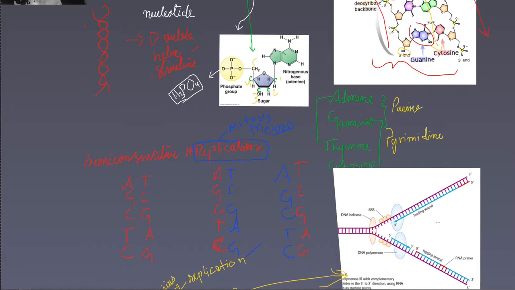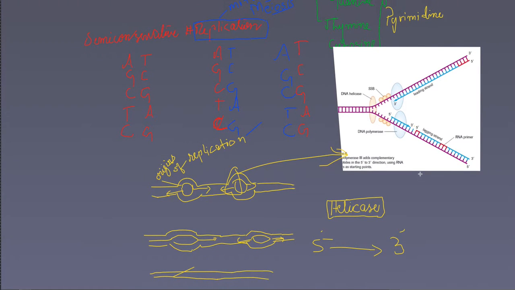So as helicase is detaching the strands, making them single stranded, some proteins come and attach. They are called the binding proteins, which attach themselves to the strand right here, so that they don't wind again, and they keep them unwound till the replication process occurs.